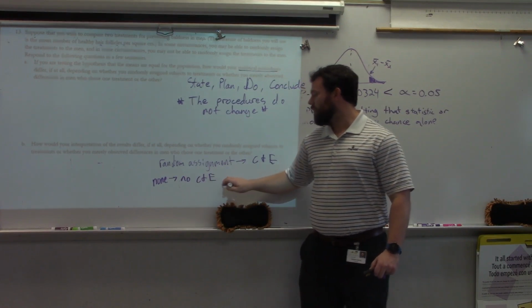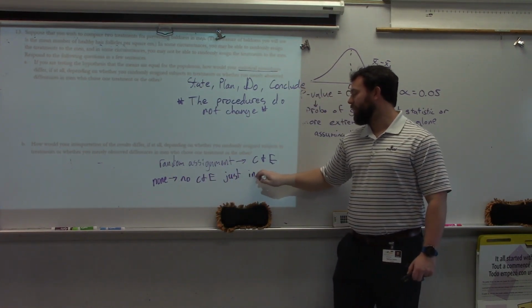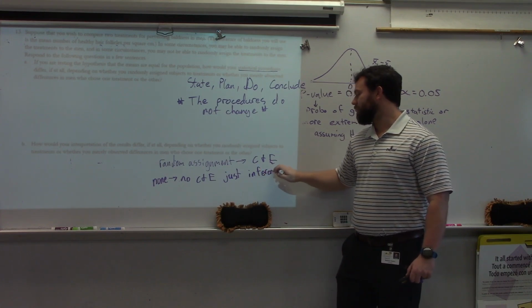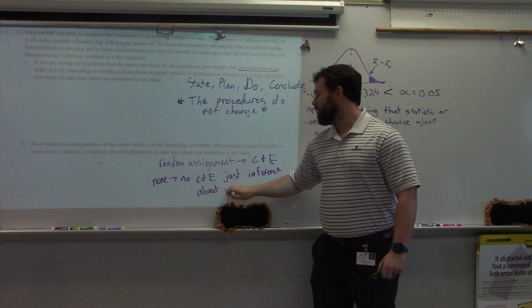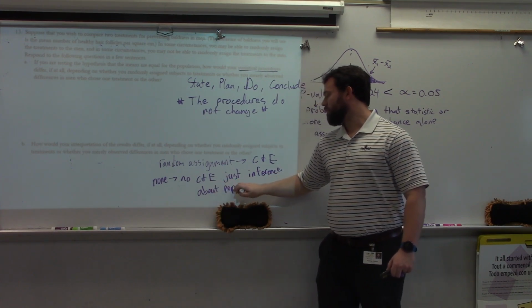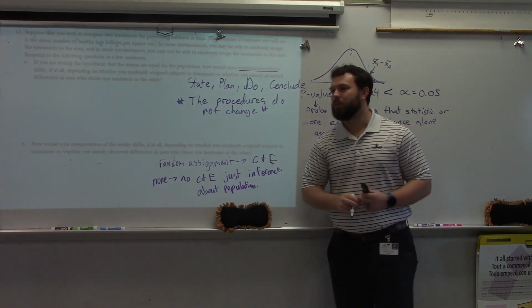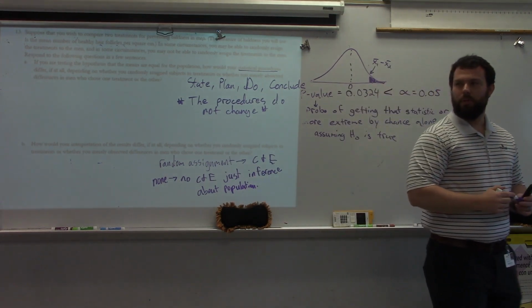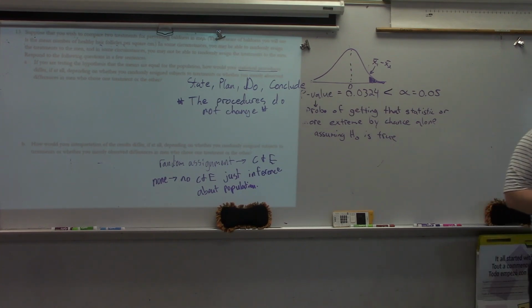Just, hopefully, an inference about the population. Is there a difference between inference and correlation? Correlation is between two variables. We don't always have two variables. That's a good question though.